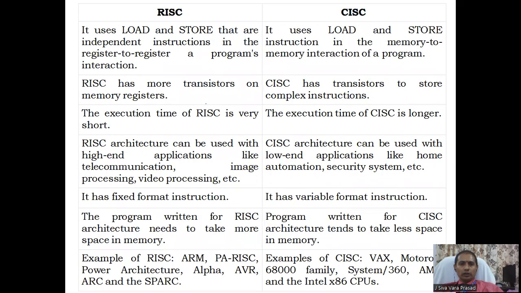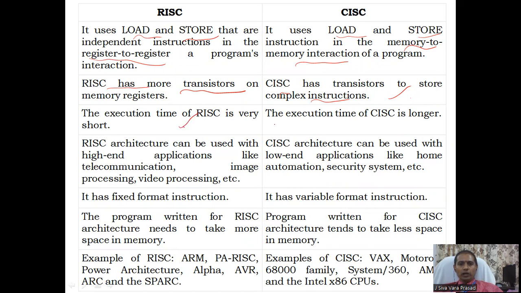In RISC, register-to-register operations are introduced for performing load and store operations. In CISC, memory-to-memory programming related instructions are used to perform load and store operations. RISC has more transistors, whereas CISC has fewer transistors, but its instructions are complex.